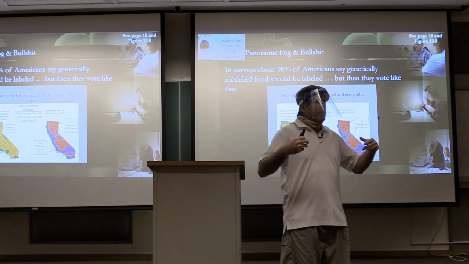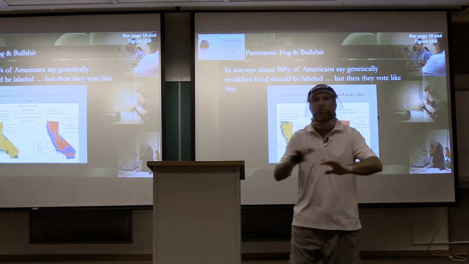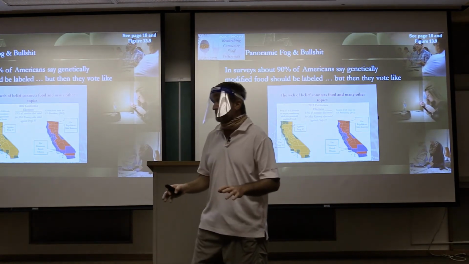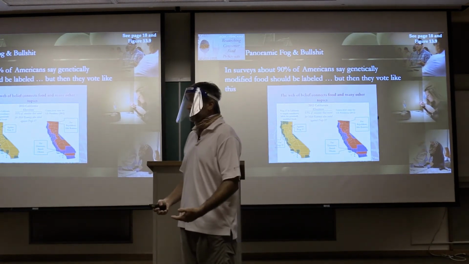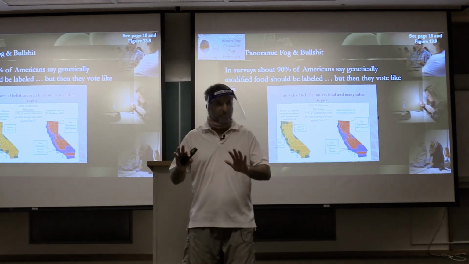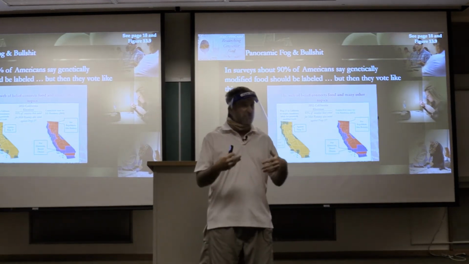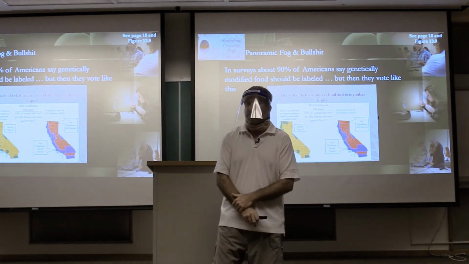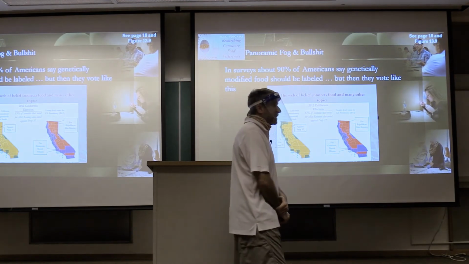So in that sense, it seems like all of America wants to label GM foods. I know in the ag college, we kind of think that's silly. We understand GM foods more than other people. And there are still people in the ag college who want to label it, and they have some reasons. But in general, our views tend to be different. Most Americans, when you ask them in a survey question, say yes, we should label GM foods.